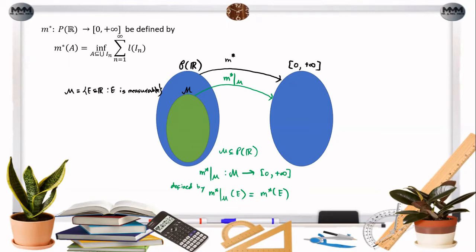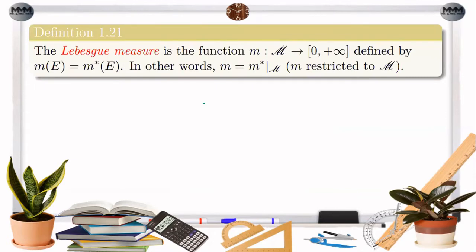Now, as you observed here, the restriction of m star to script M, our newly defined function, is the same as m star, as you can see in our definition, but it is only defined on a smaller domain, script M, the set of all measurable sets. So now, let me present to you the definition of the Lebesgue measure.